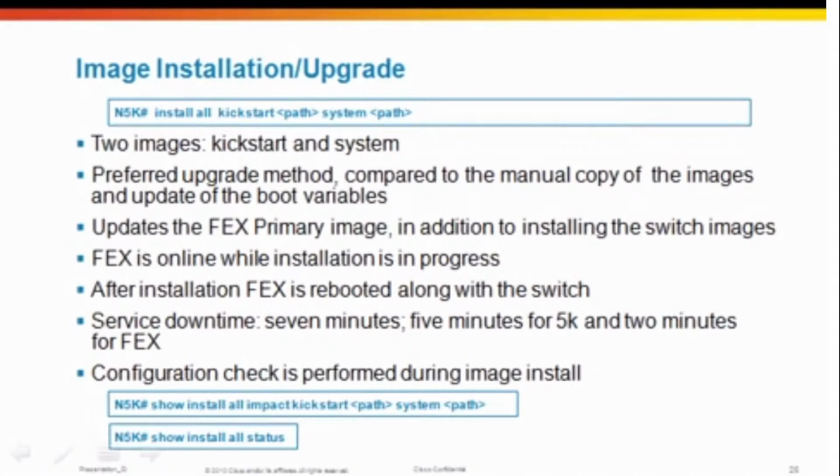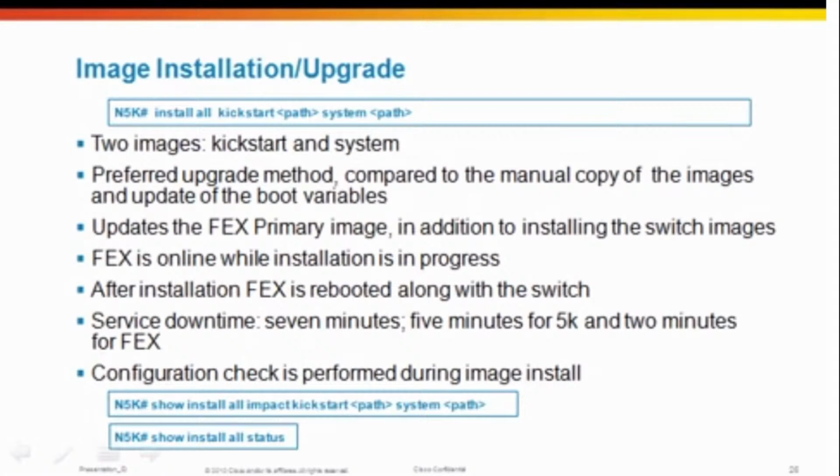So you have two images. Once you've downloaded them, the preferred method to use is with the install all command. And so the syntax is install all, kickstart, provide the path to it. So probably it's going to be your boot flash and your file name, and then space system and the file for the system file. When you use install all, this will update the FEX primary image in addition to installing the switch images.